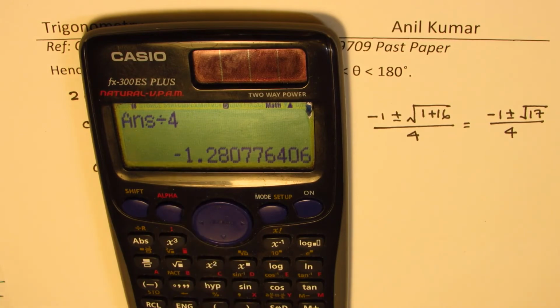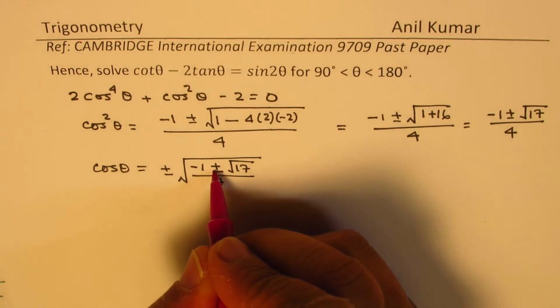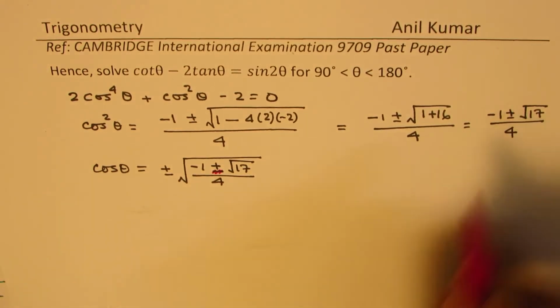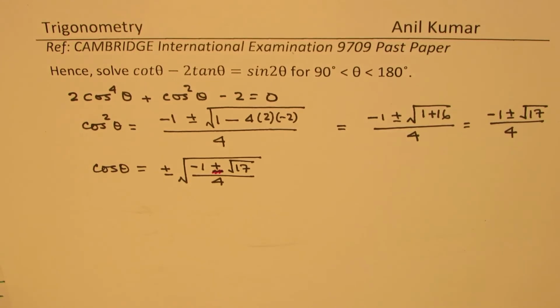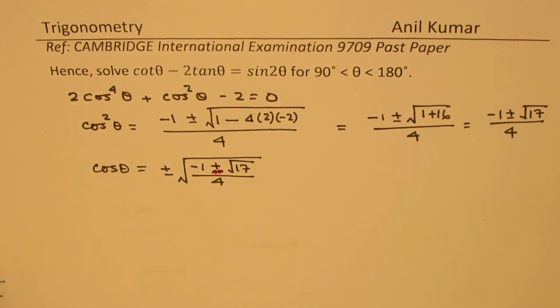More than 1. So that is not possible. Therefore, the one with this negative is not possible, right? Only one with positive is possible, correct? Since that is greater than 1, right? Cos theta is between 0 to 1, correct? So that's kind of important to understand.